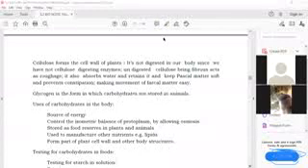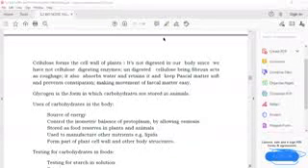Yes, Shiba. It forms part of cell walls and other body structures. Very nice. So it forms part of the plant cell wall and then other body structures. Here I was telling you about the cell wall of plants being made of cellulose.